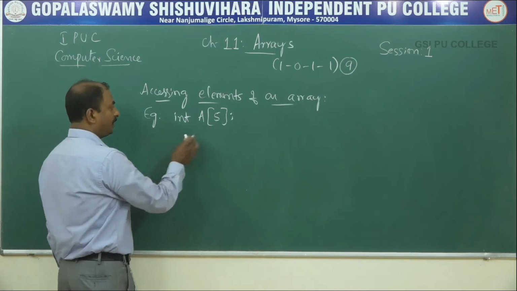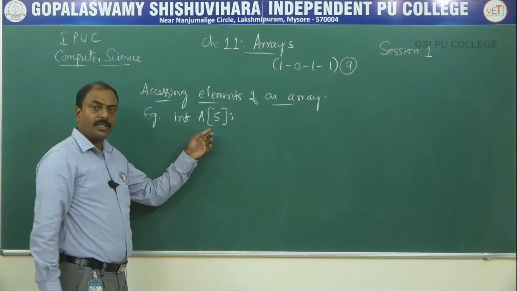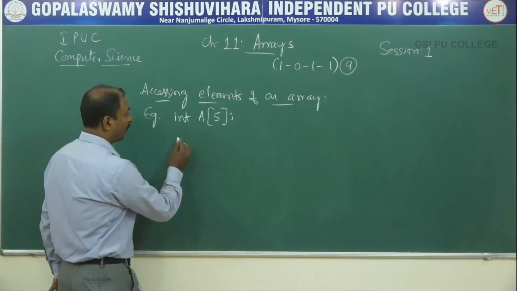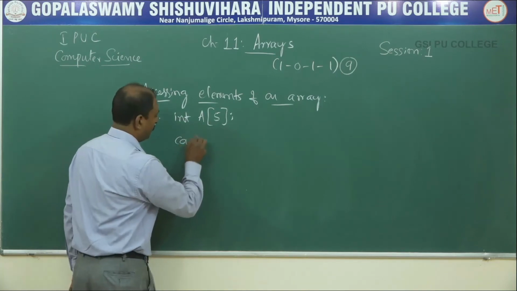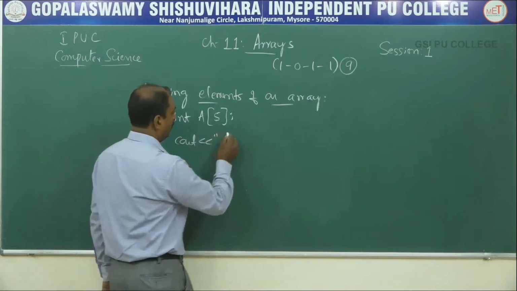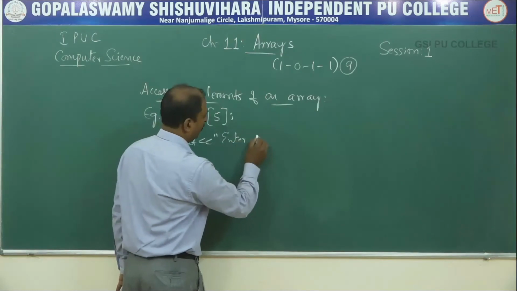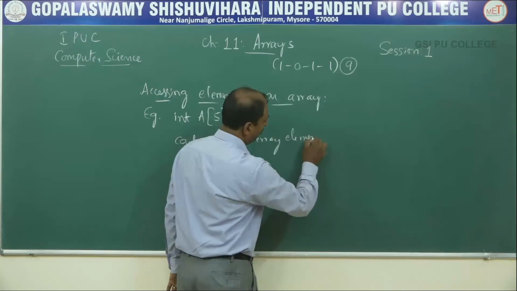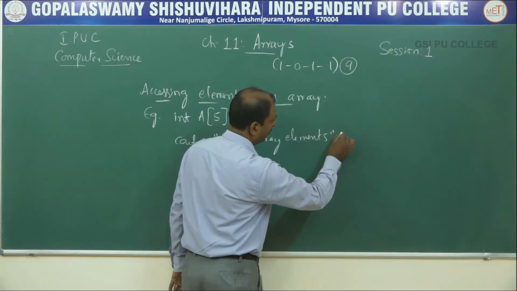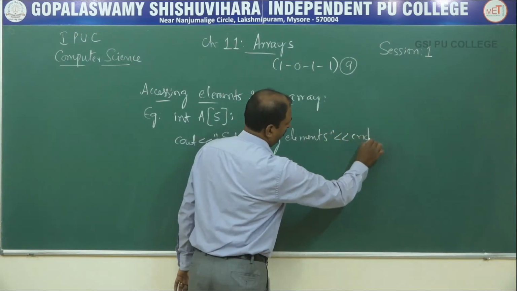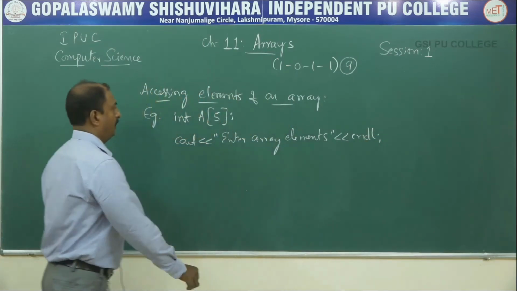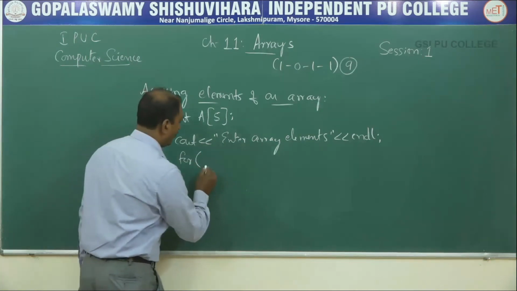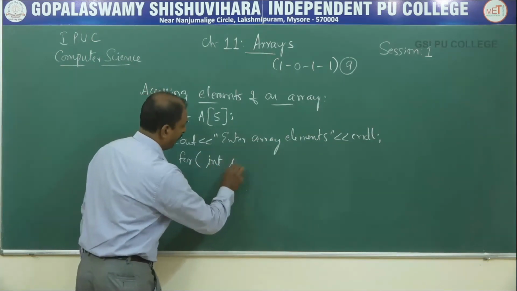Now we access this through a looping structure, normally the for loop. Here through the for loop we are accessing: cout, enter array elements, and endl. Next we use the for loop. For, here I am using int i.